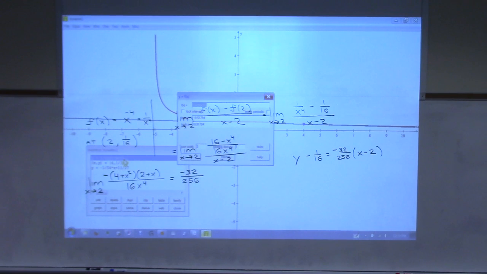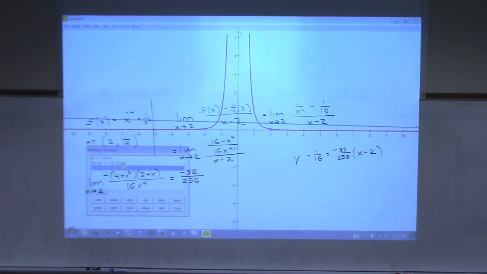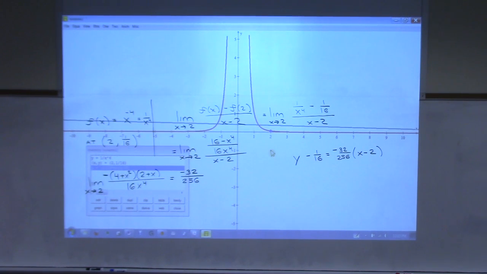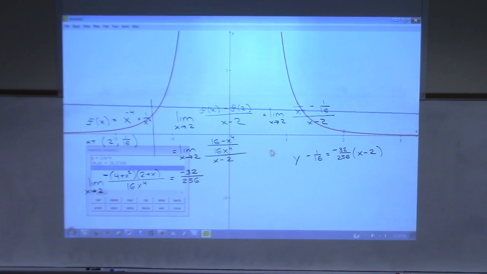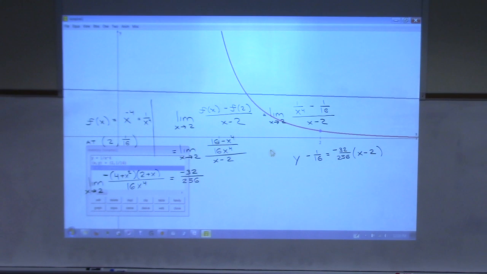I'm checking. The point was 2, 1/16. There's the point. Can you all see that okay? It's the red graph there. You can't just type it in right here.